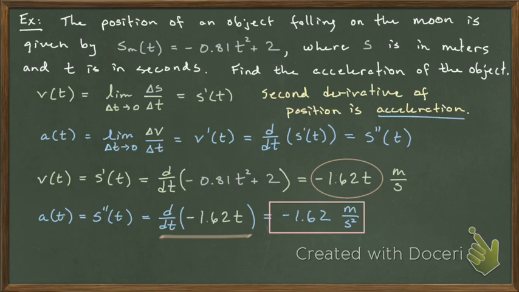So the second derivative of position is acceleration. I was able to find the acceleration due to gravity on the moon is minus 1.62 meters per second squared. Just for reference, Earth's acceleration due to gravity is 9.8 meters per second squared. So it's significantly less on the moon than it is on the Earth, and that makes some sense based on what we know from physics.